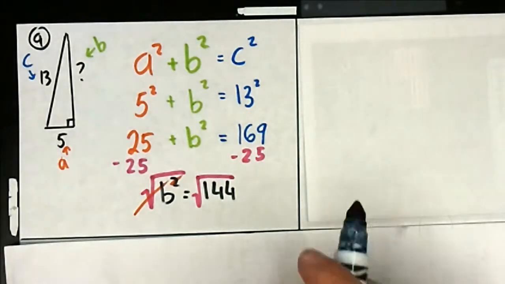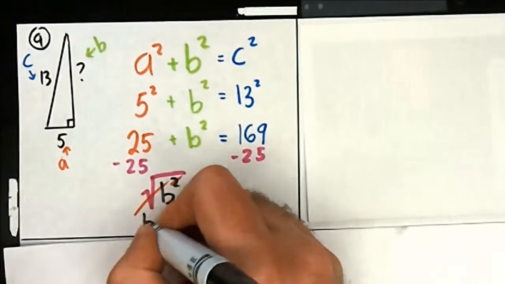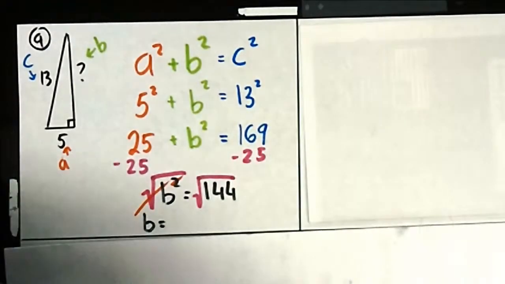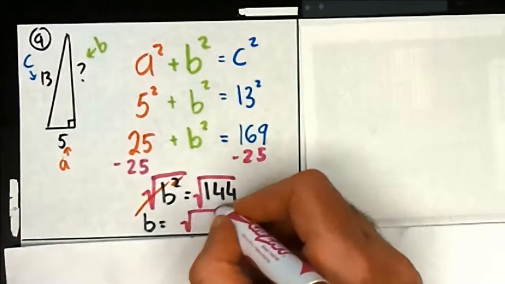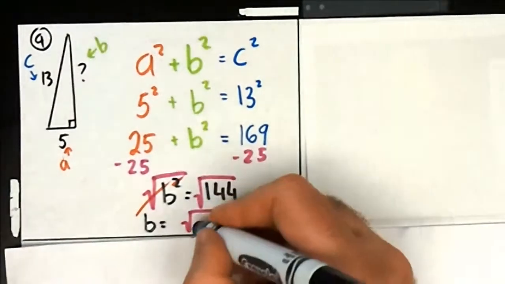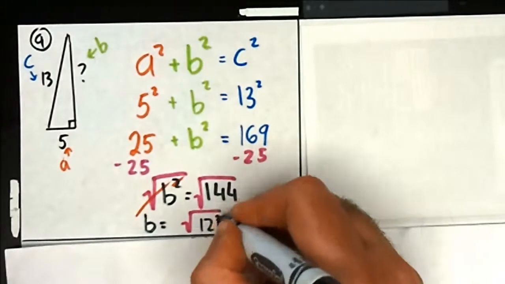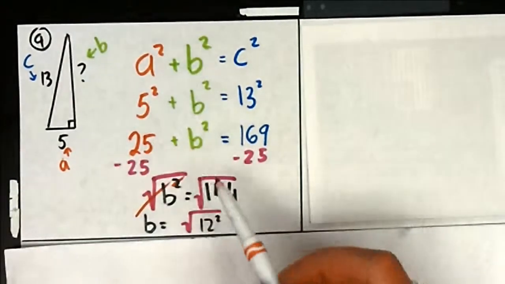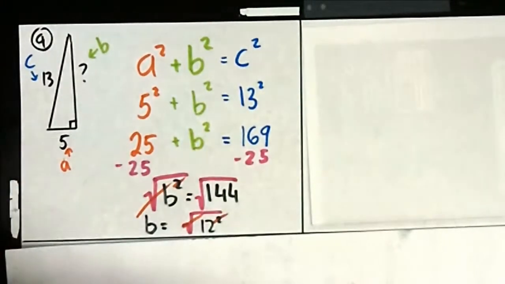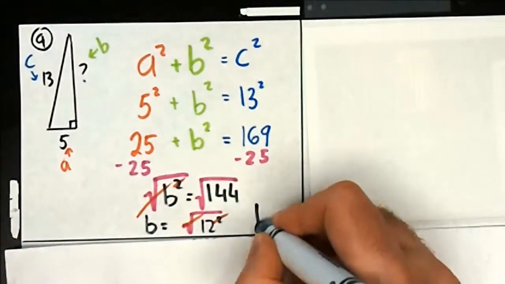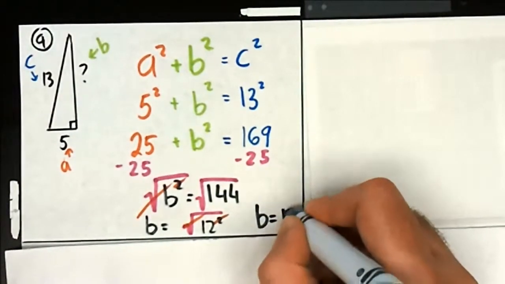So now I know that B equals the radical of 12 squared, and then I'll cancel out the root and the radical. So B equals 12.